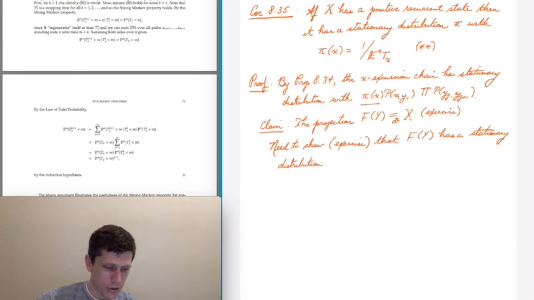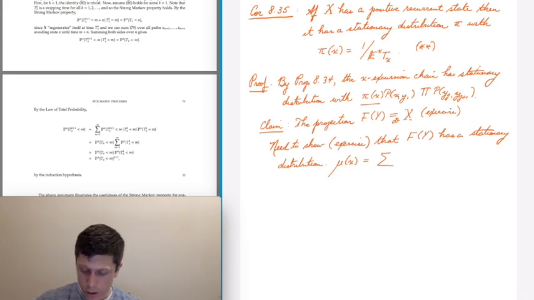And that stationary distribution is obtained by summing over all elements of Y that project down to X of the stationary probability. Okay.